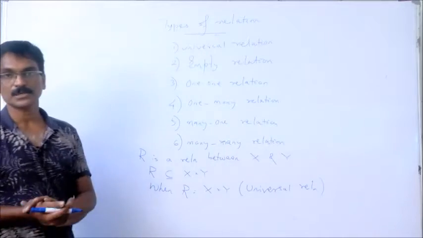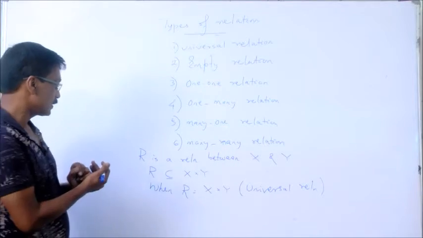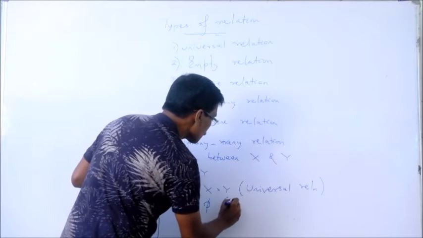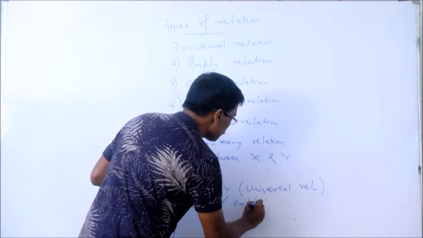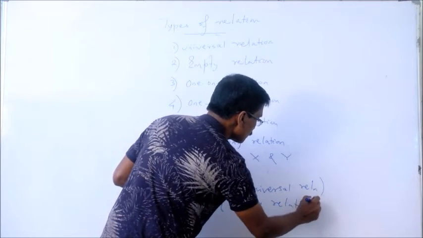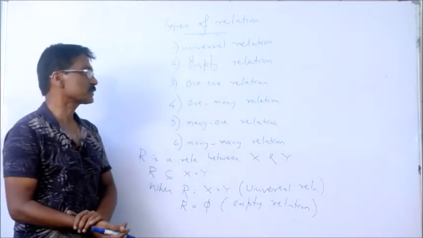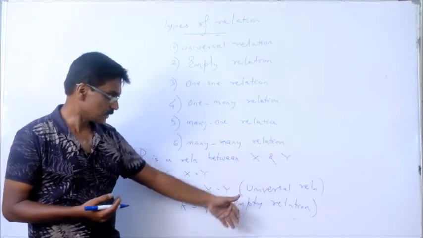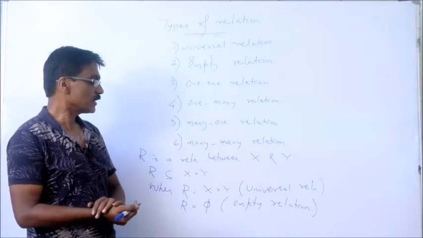When R is equal to phi, it is called empty relation. So, these are two obvious cases, that is, the largest relation is called universal relation and the smallest relation is called empty relation.